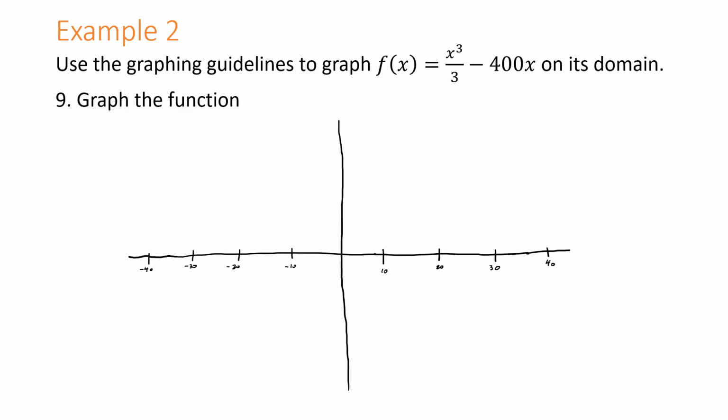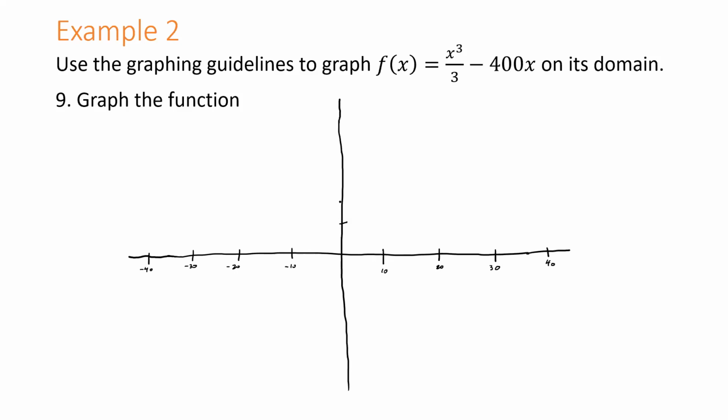And remember that our local max and local minimum values were like 5,333. So they're very far up on the y-axis. So we're going to scale our y-axis by thousands or something so that we can fit everything on here.